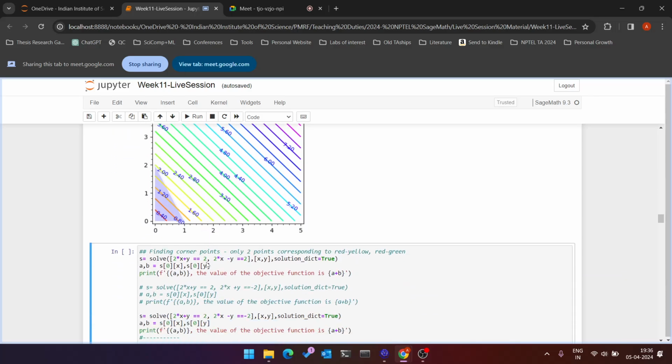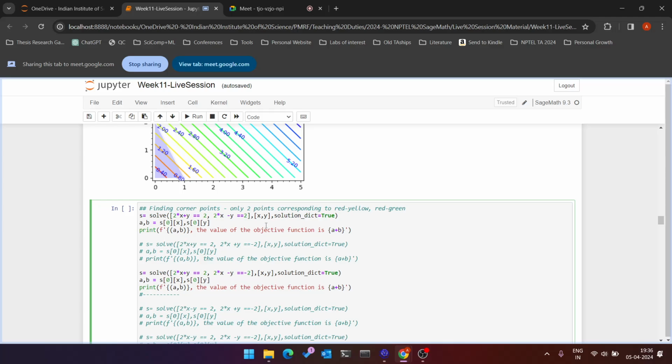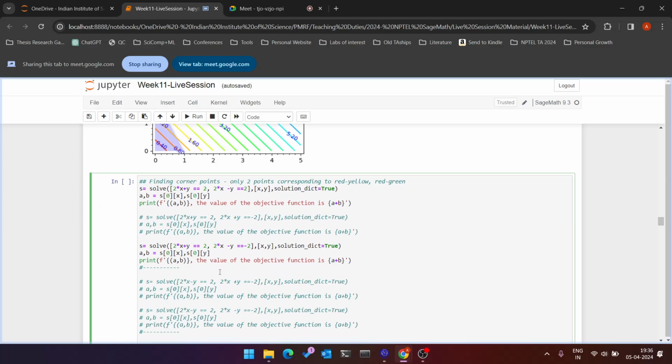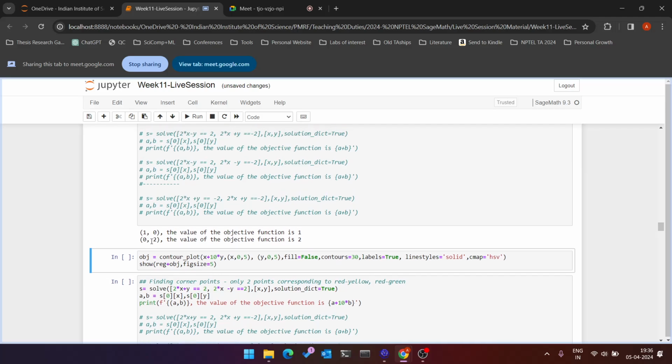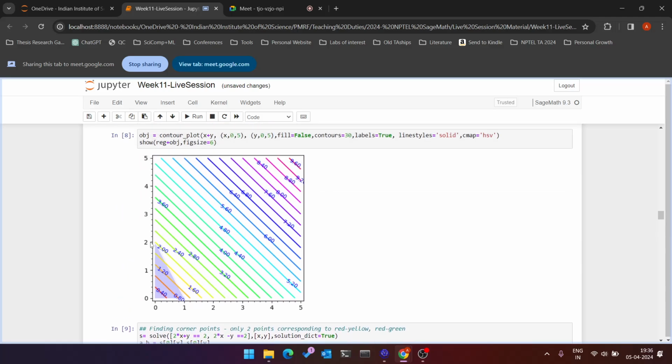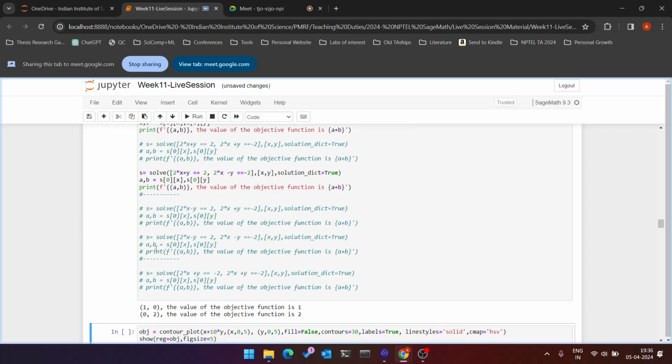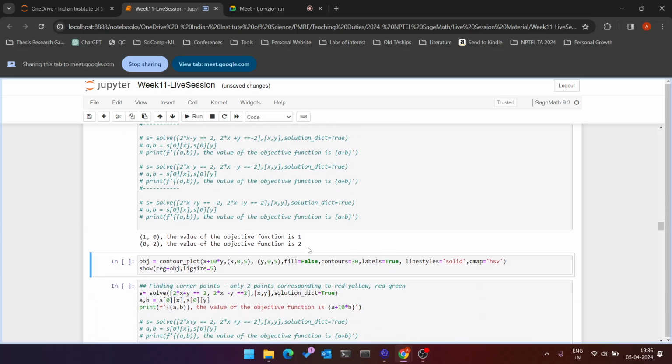So if I only look up those constraints, red and yellow and red and green, and find the intersection points and then calculate the value of the objective function, I see that x equal to 0, y equal to 2, which is this top corner point, has the maximum value of the objective function.